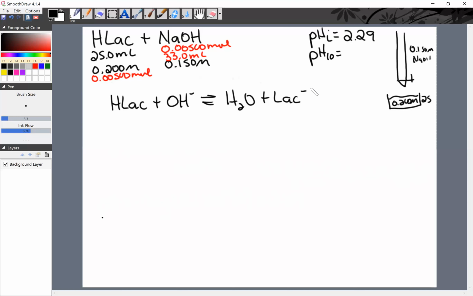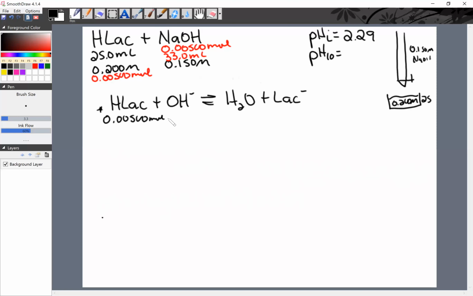Now I have a choice right here. I can either figure out what the dilution is, but I know during titrations I'm buffered, so I'm going to go straight to moles. And I had 0.00500 moles. Make a little note to myself that these are moles.